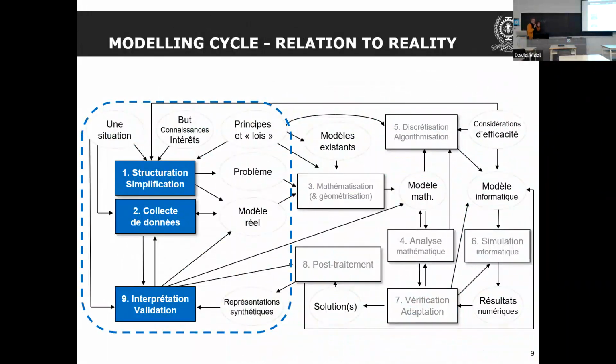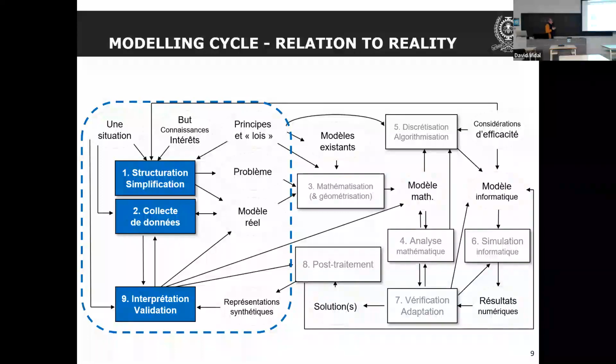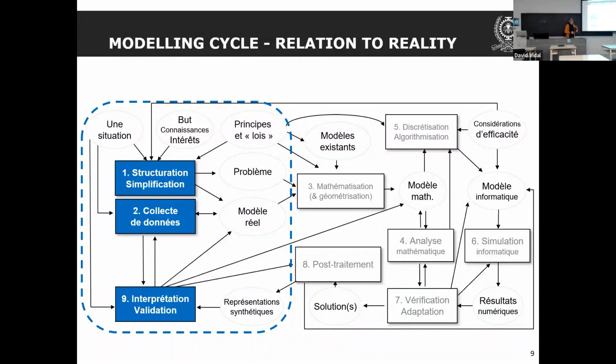So this is kind of simplified. I have an even more simplified version that I'm going to show you after that. The first part of the modeling cycle is basically the relation to reality. When you start with the problem, you are facing a situation, and from this situation you have some goals that you want to achieve, or knowledge that you want to gather, or interest.